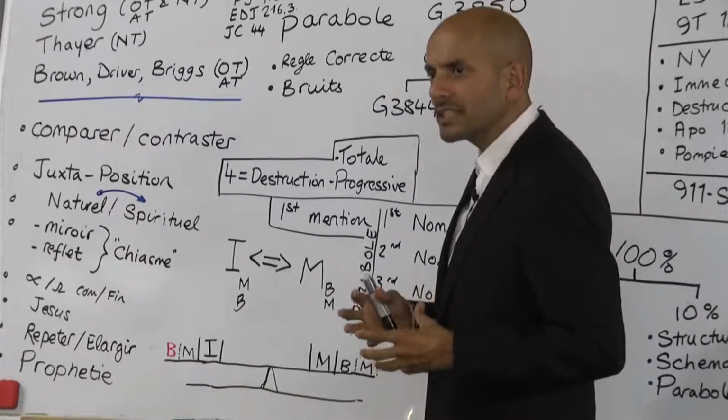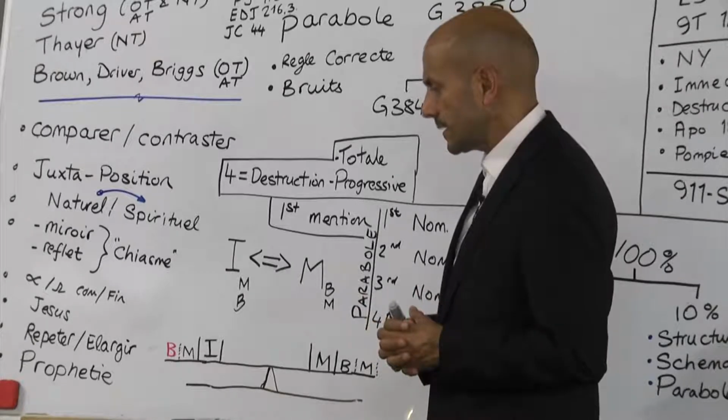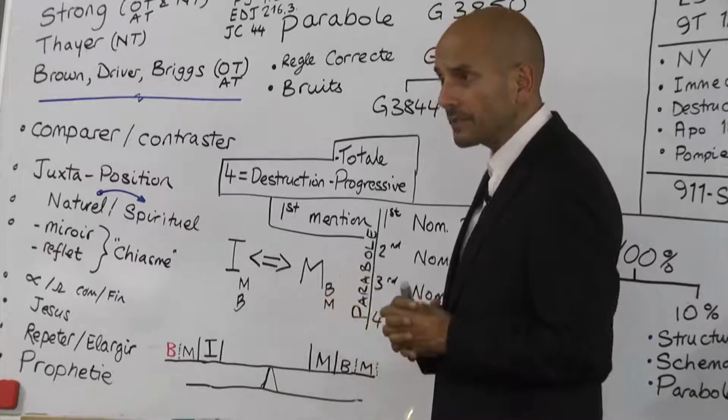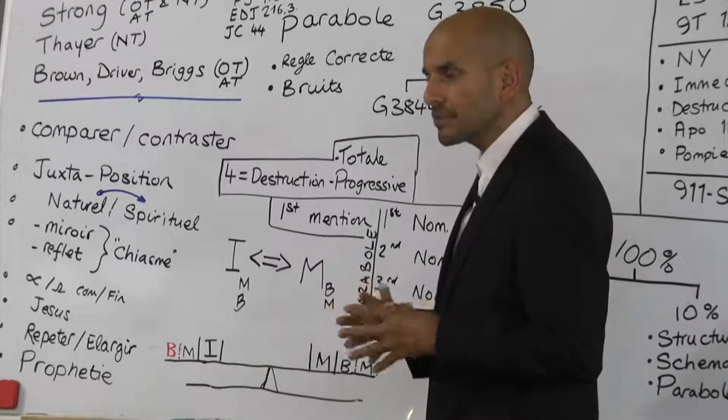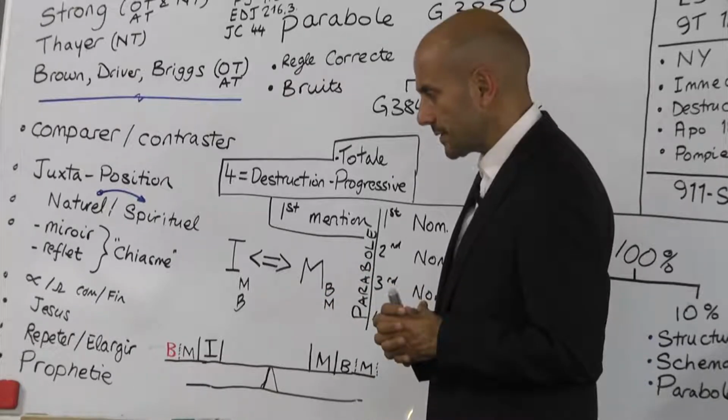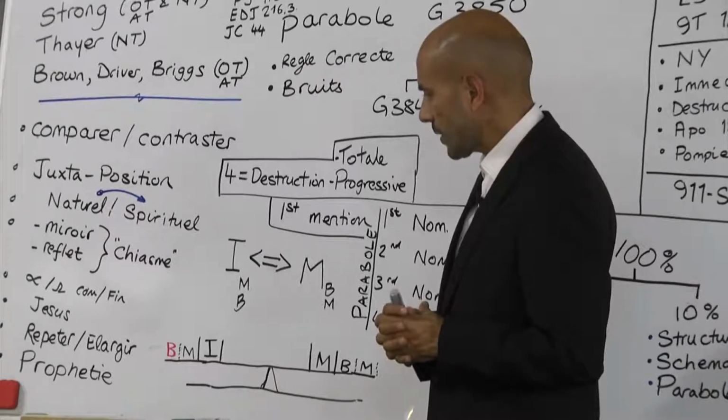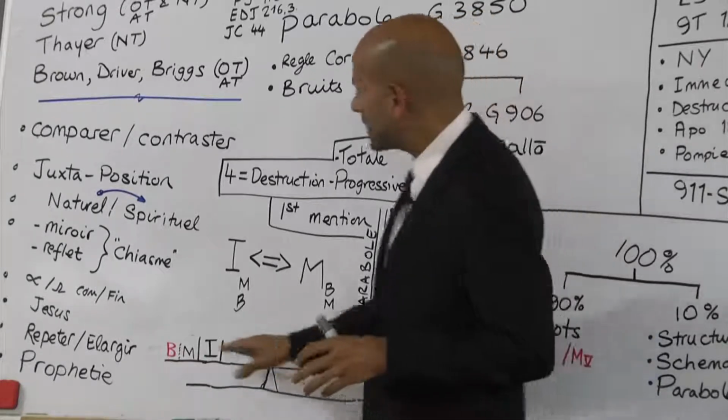The reason we want to see this is because sometimes a piece of information is not seen in the scriptures. We've got 6 pieces of information.